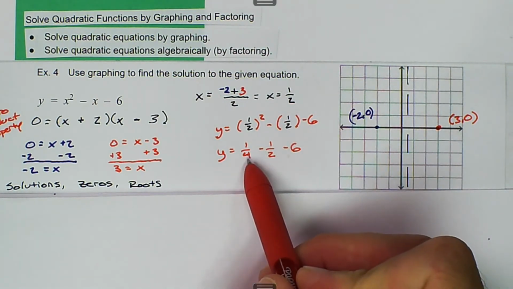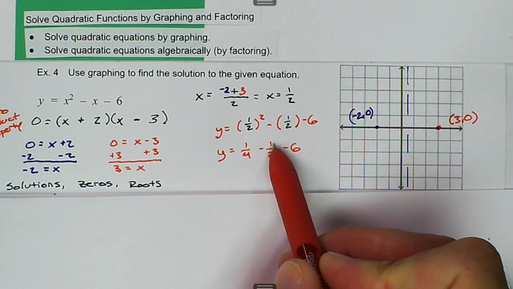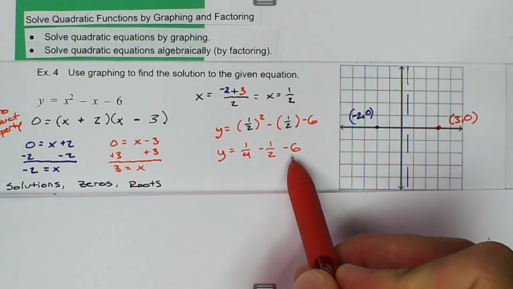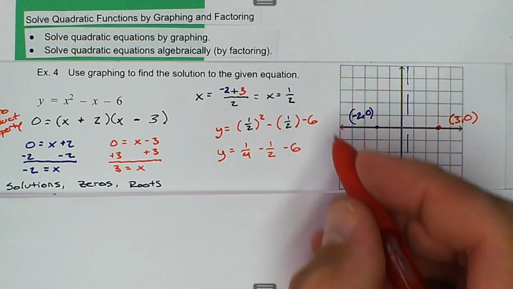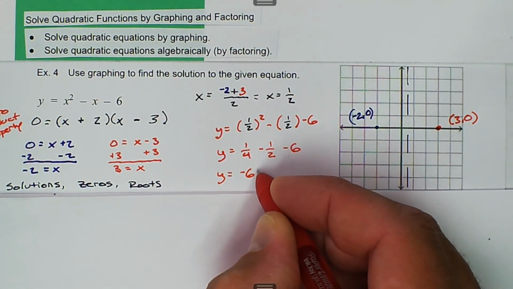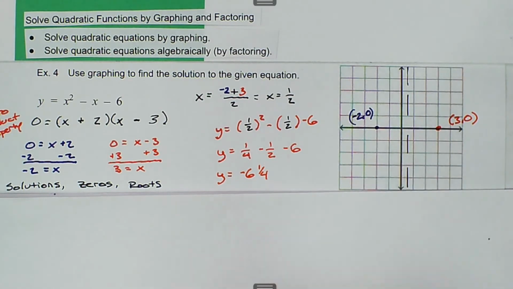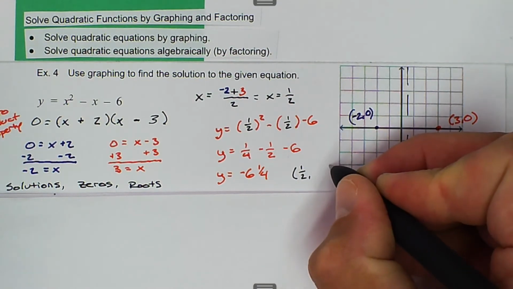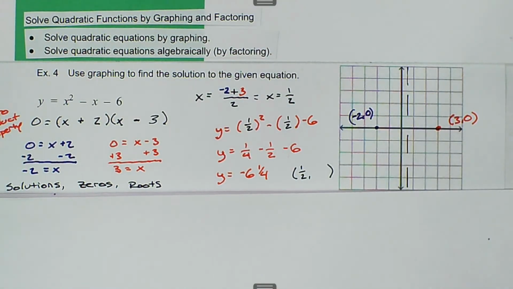And 1 minus 2/4 is -1/4. -1/4 minus 6, so this is going to be y equals -6 and 1/4. So our vertex is located at 1/2, -6 and 1/4.